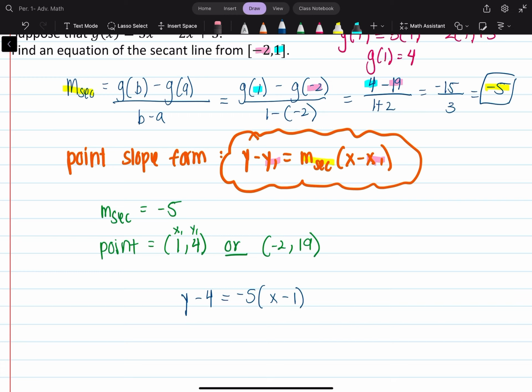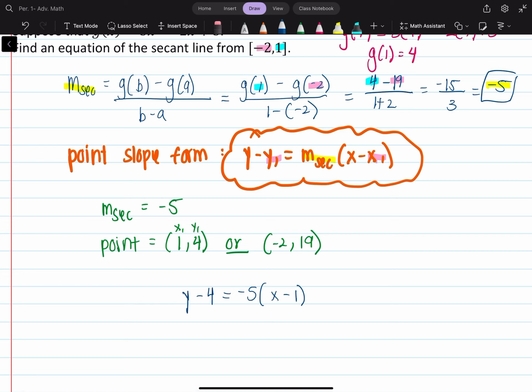And then to get this in y equals mx plus b form, you distribute out that -5. So this would be y minus 4 is equal to -5x plus 5. And then to get y by itself, you just add 4 to both sides. This simplifies out and you get y is equal to -5x plus 9. So this right here is your equation of the secant line from -2 to 1.